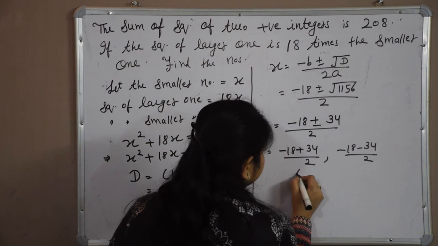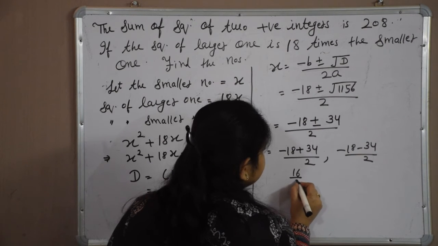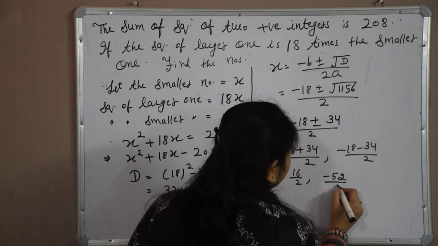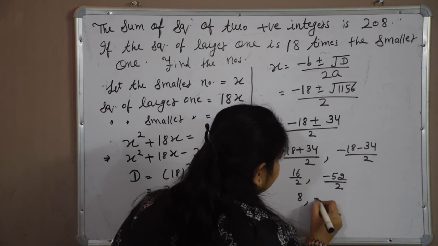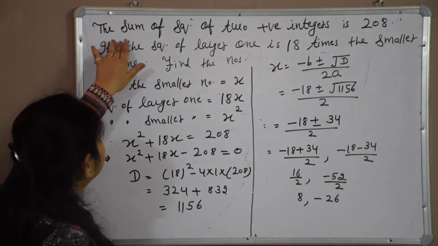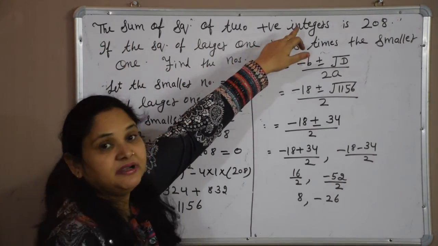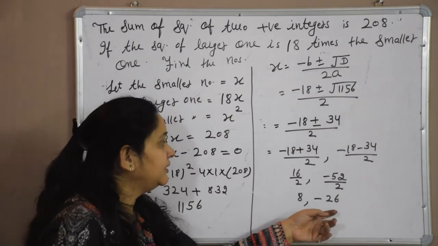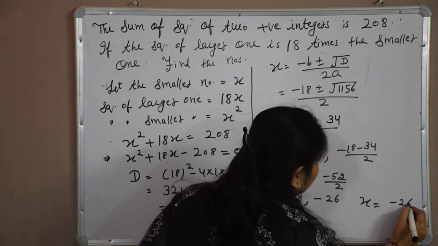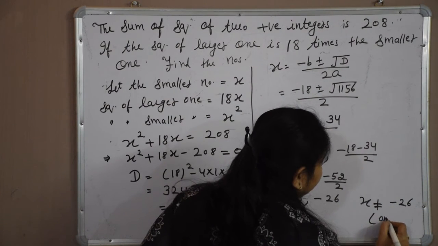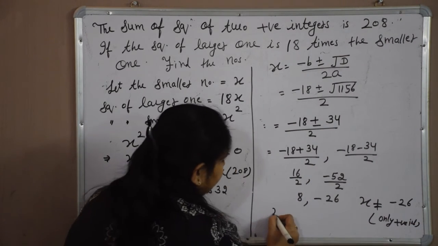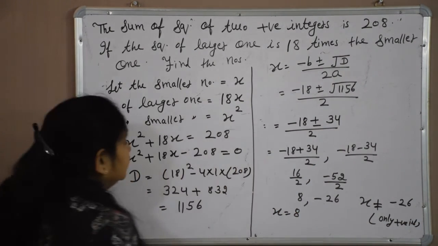Here 16 divide by 2, minus 52 divide by 2, here 8 and here minus 26. But it is already mentioned in the question, the sum of the squares of two positive integers. Integers we have to use only positive. So x is equal to minus 26 is not possible, because only positive integers we have to take. So here we will take x is equal to 8.